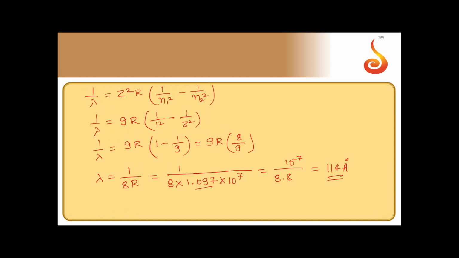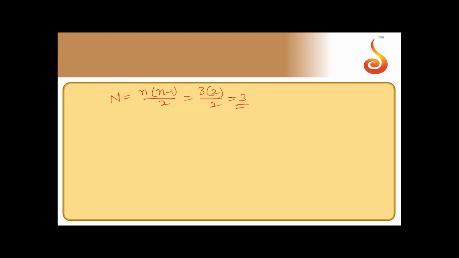So this is wavelength. Now it is going from first state to third state. So when it comes back, number of spectral lines that is emitted is given by n into n minus 1 divided by 2, that is 3 into 2 divided by 2, that is equal to 3.